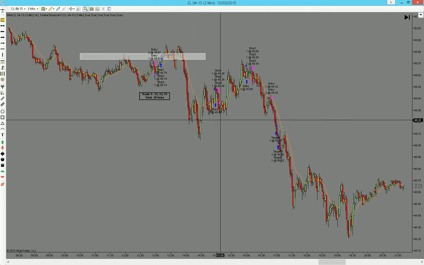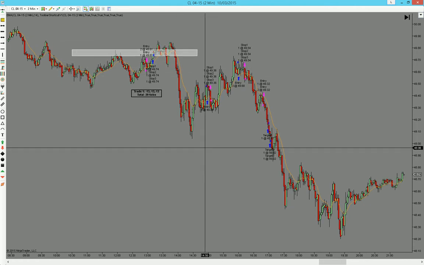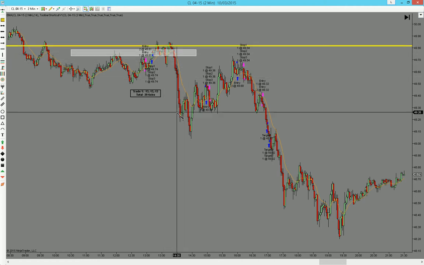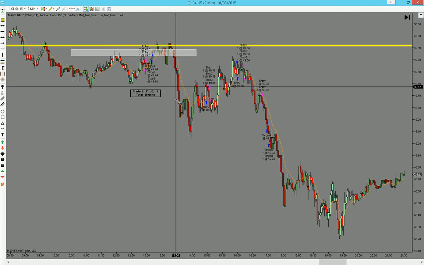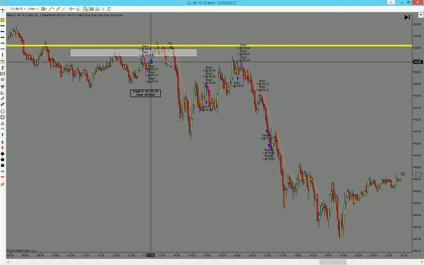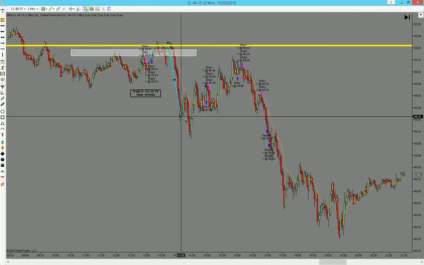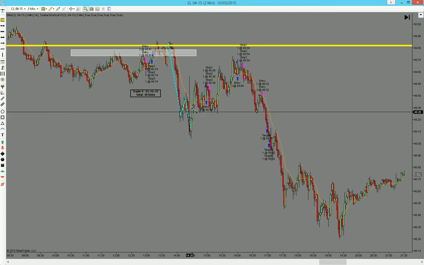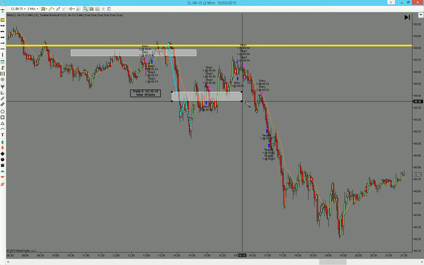Then next setup, we had a bounce back down, forming a resistance level right here.